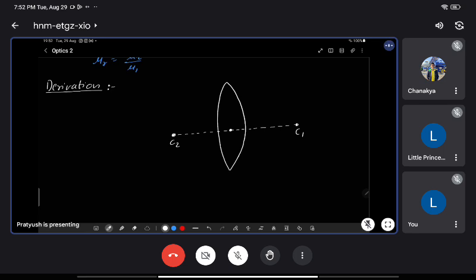So till this point, from where to where? This is R1 and this is R2.